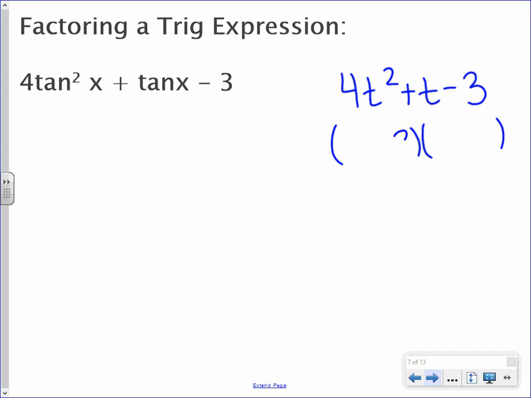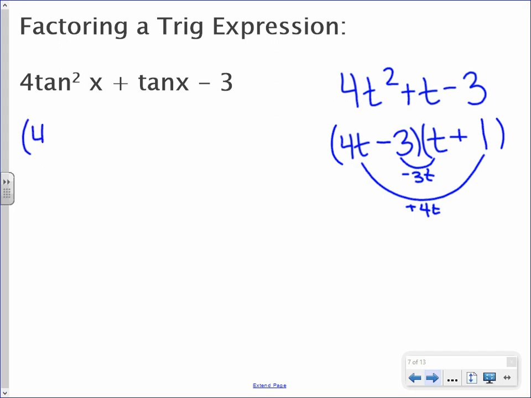We know this has to be 3 and 1, right? 3 times 1 is 3. One's positive, one's negative. We'll get there. 4 tangents would go with 3, like this. And plus the 1. This is positive, this is negative. So this gives us negative 3t. This would give us positive 4t. Add them together to get the 1t. So we would write this as 4 tangent x minus 3 times tangent x plus 1.